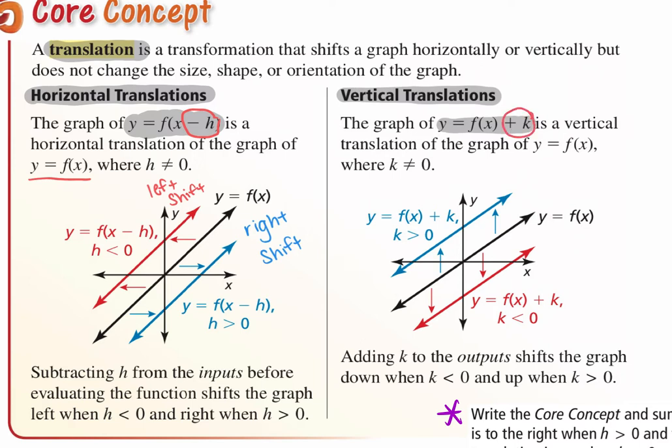Can someone tell me, look at the two equations that we highlight for a horizontal and a vertical translation. Does anyone notice the difference between those two? What's the difference, Layla?